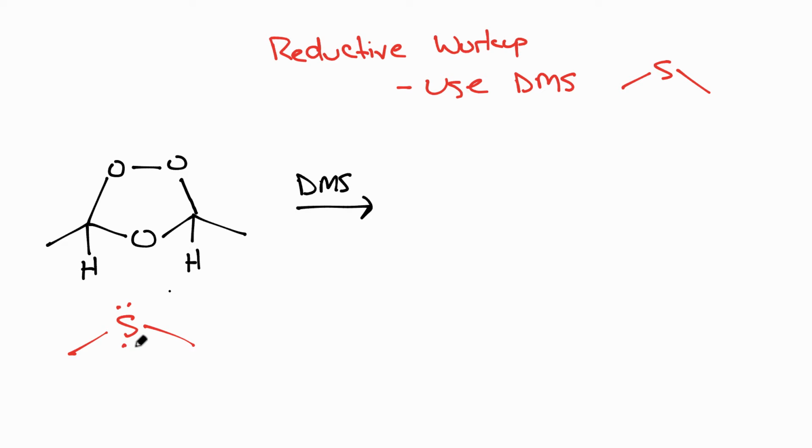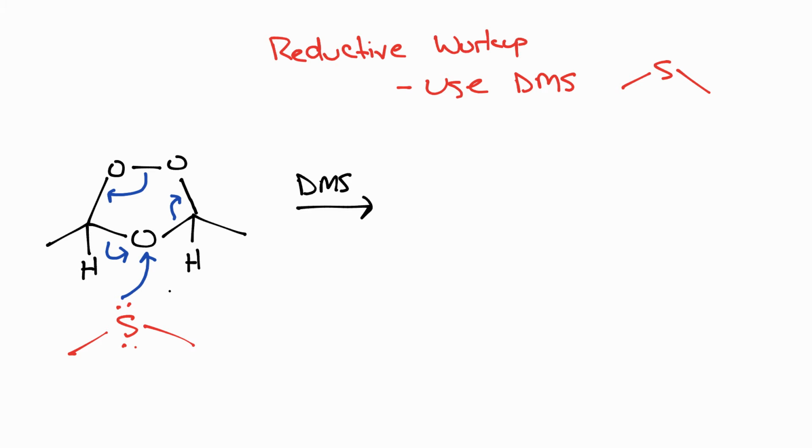Sulfur with some lone pairs, and we want to think about how we can break apart this ozonide. To track electron flow, I'll show this sulfur bonding with that oxygen, pushing these electrons up to form a double bond, these electrons down to form a double bond to the oxygen, and then these electrons over onto the oxygen.